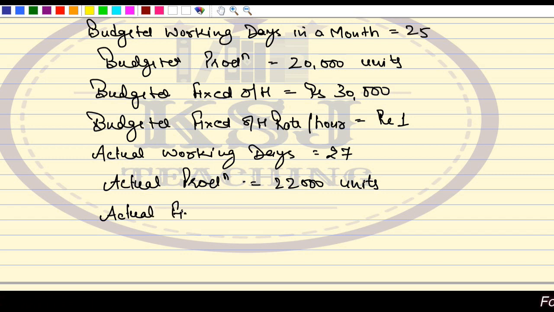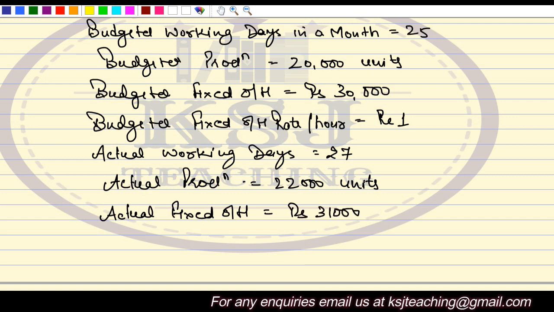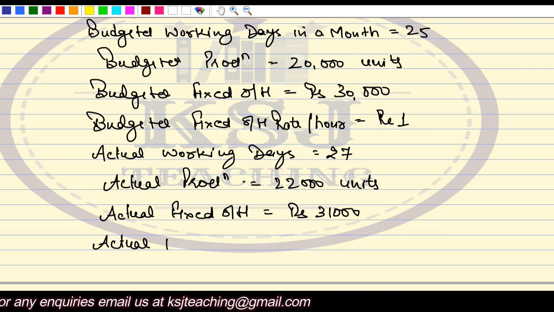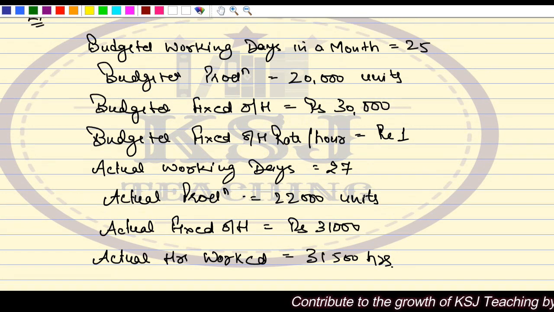Actual fixed overheads is equal to rupees 31,000. And actual hours worked equal to 31,500 hours. Right? So this is the question that you people need to solve.